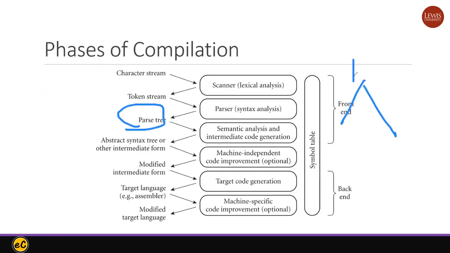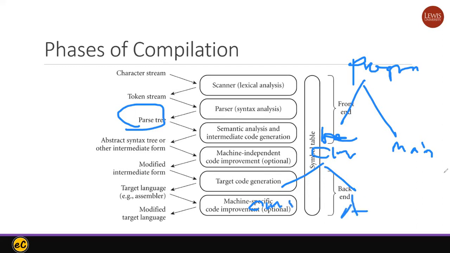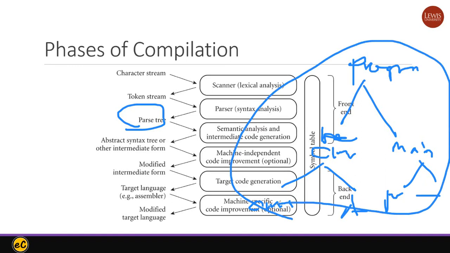A parsing tree means you have a program, and then you have begin, you have class definition and main program. In the class definition, you have class A. In the main function, you start with public, static void or whatever. So your tokens are distributed in the parsing tree. That is from the parser going to the parsing tree.